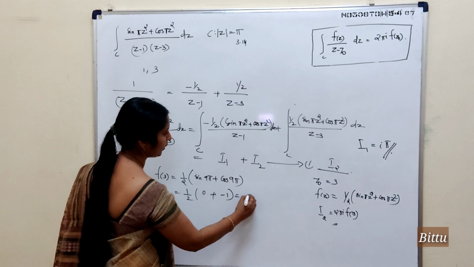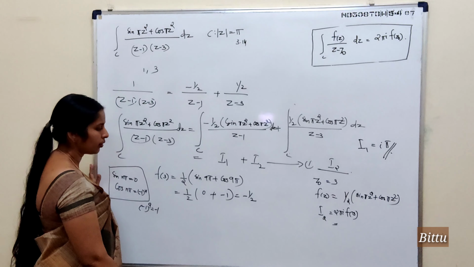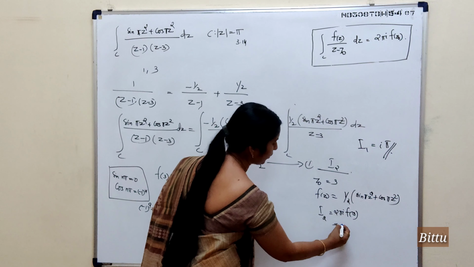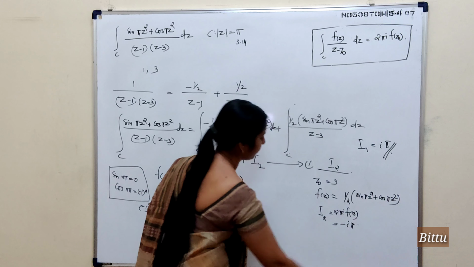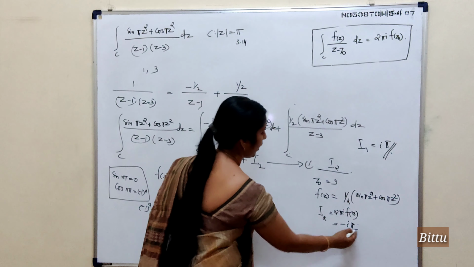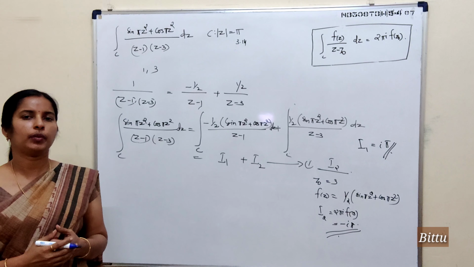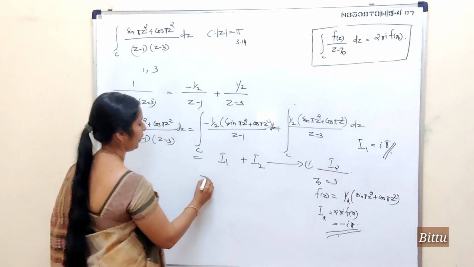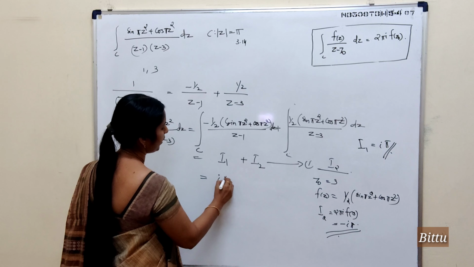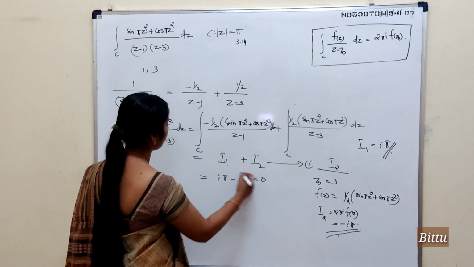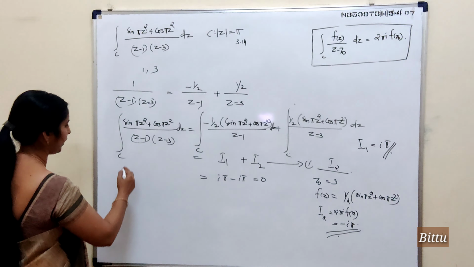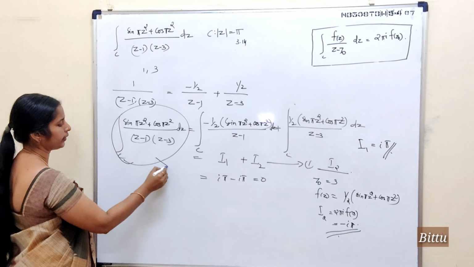So the answer is minus half. So f(3) is minus half. So I2 becomes minus i pi. You put the values of I1 and I2 in equation number 1. So it is i pi minus i pi, it is 0. So the value of the integral is 0.